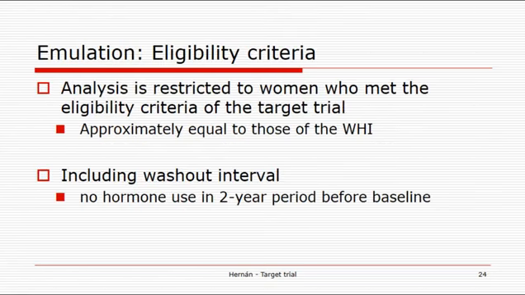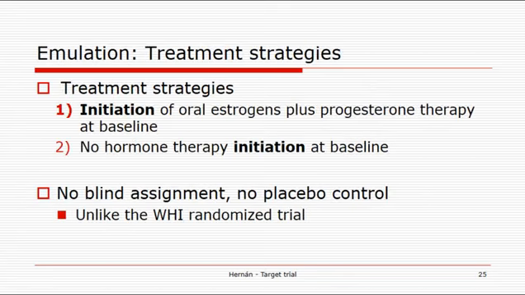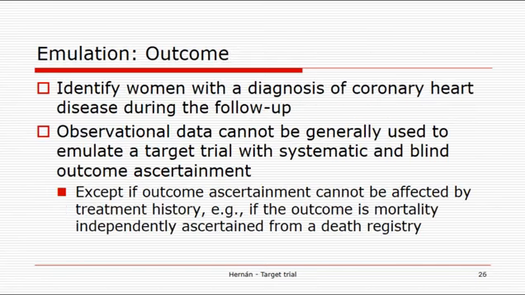So we use this data to emulate the eligibility criteria of the trial, the treatment strategies of the trial, initiation of hormone therapy versus no initiation, and the outcome of the trial. A difference between observational studies and trials is that in many trials you can ascertain the outcome in a blind way, so that the person who decides whether the participant had heart disease or not doesn't know which treatment the participant was assigned to, and that's a good thing.